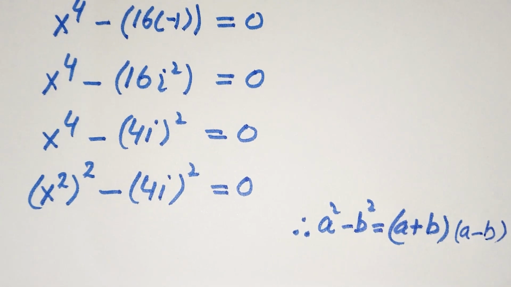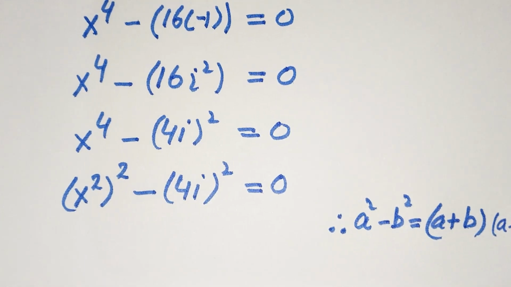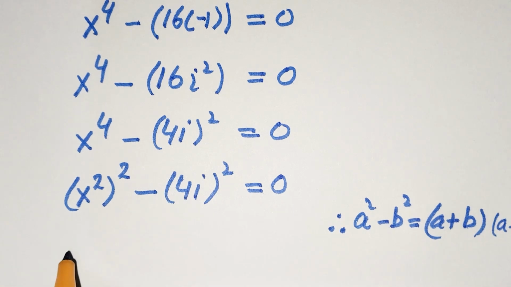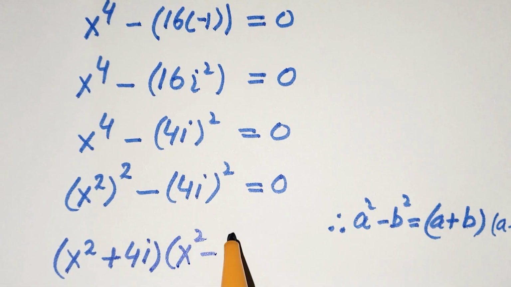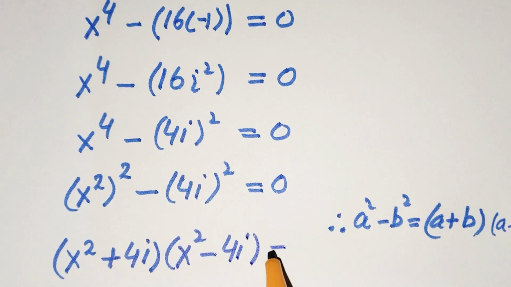Now we are going to write it like that: (x² plus 4i) times (x² minus 4i).